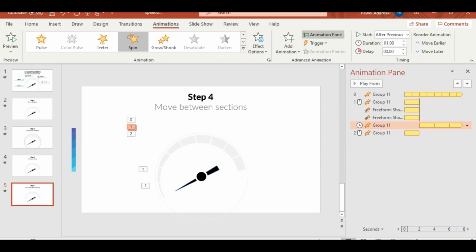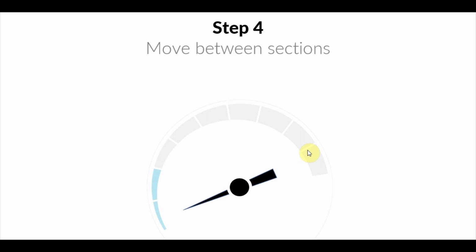What that means is that this animation will automatically kick off after the initial move and will keep moving until we click. After we click, the needle moved, but here we would need to add the same animation once again to have the needle moving within a section.